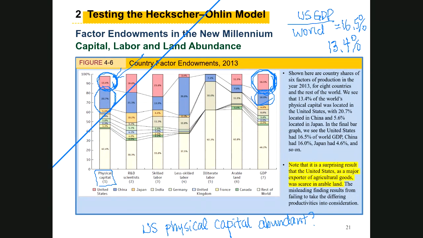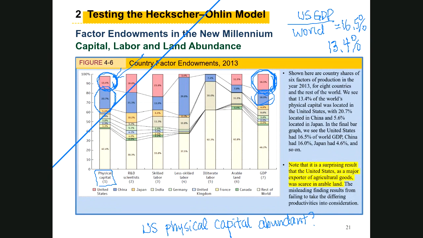Right? So based on this information, can we conclude that China is a physical capital abundant country? The answer is yes, just based on the information that this table gives us.